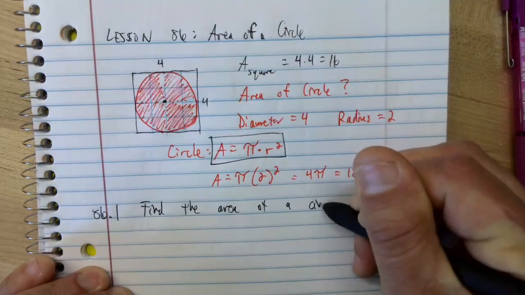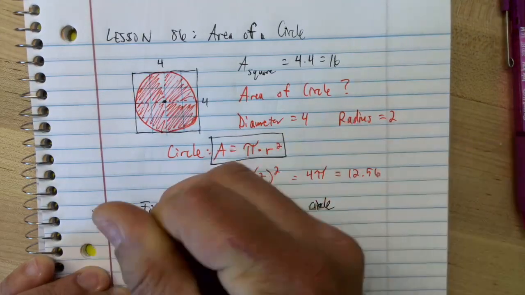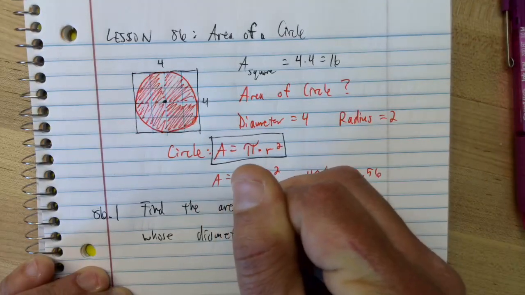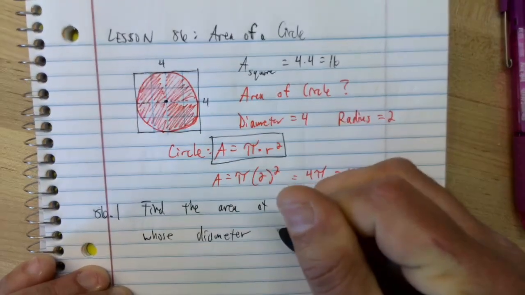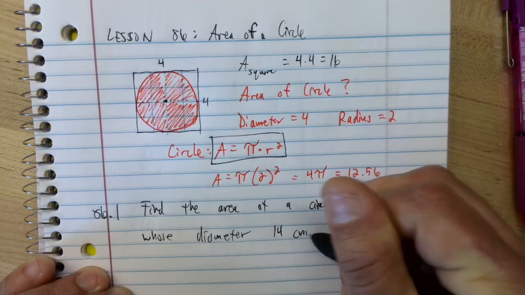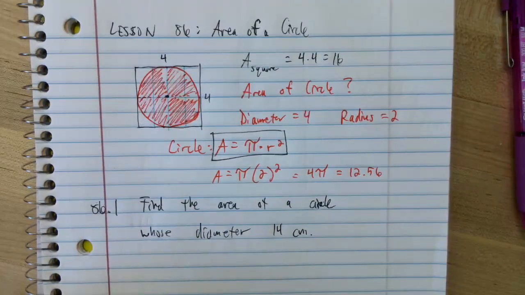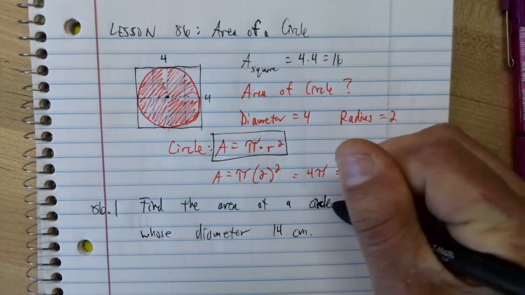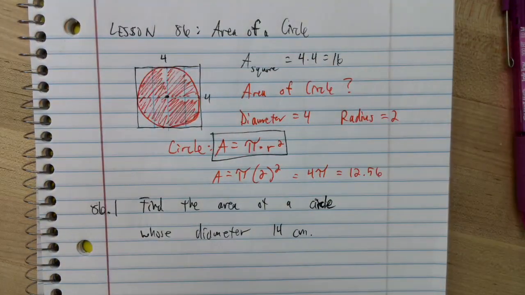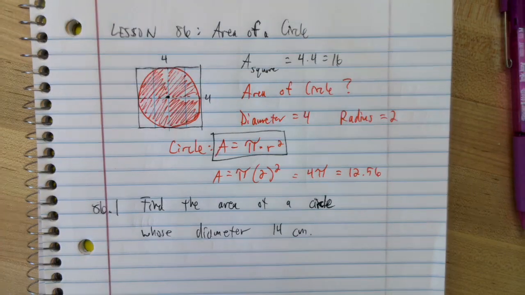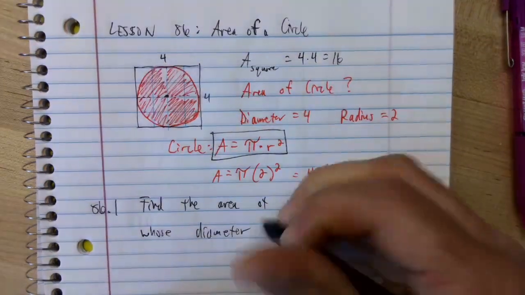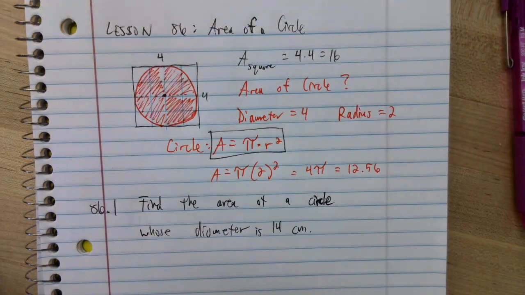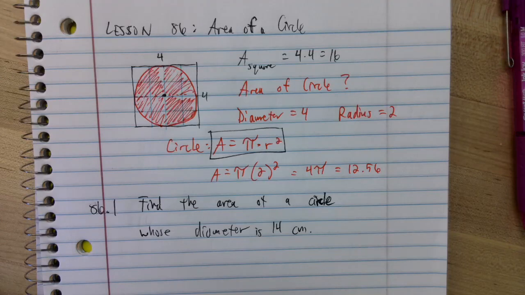Find the area of a circle whose diameter, let's see, what do we want the diameter to be? How about 14 centimeters? You can draw it. You don't have to. If that's all you're given, find the area of the circle whose diameter is 14 centimeters.